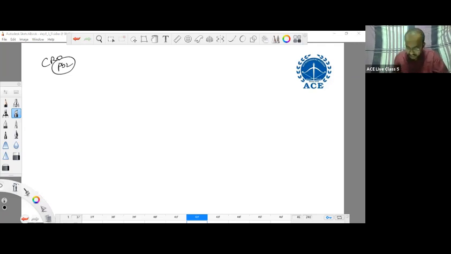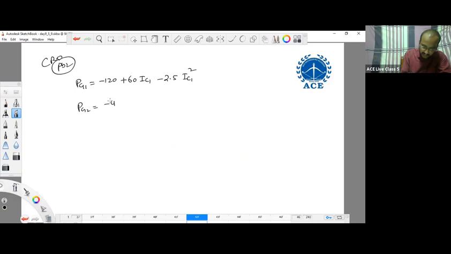What he has given: PG1 is minus 120 plus 60 IC1 minus 2.5 IC1 square, and PG2 is minus 140 plus 40 IC2 minus 2 IC2 square.